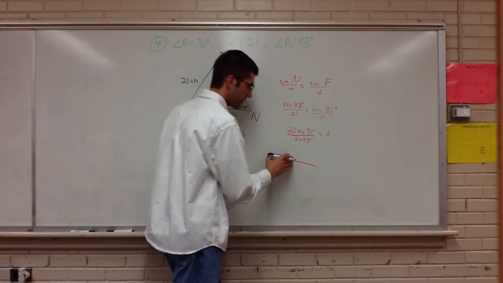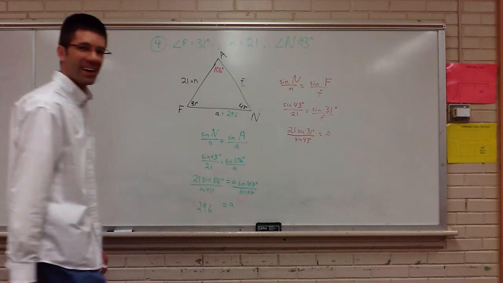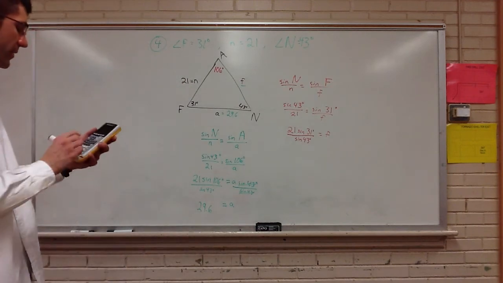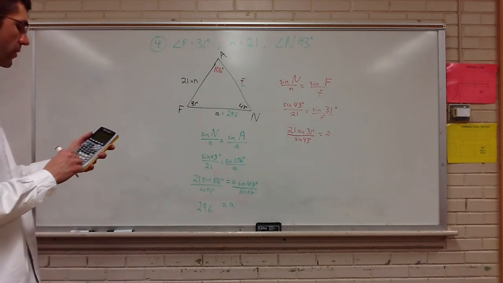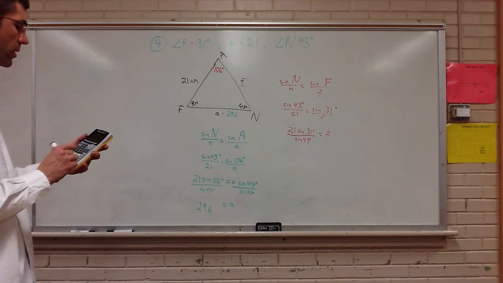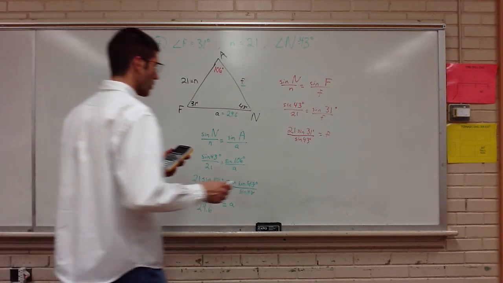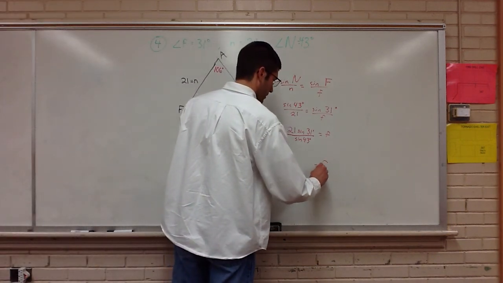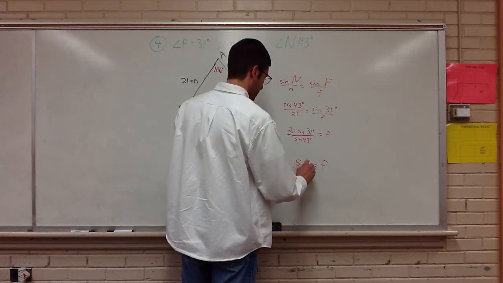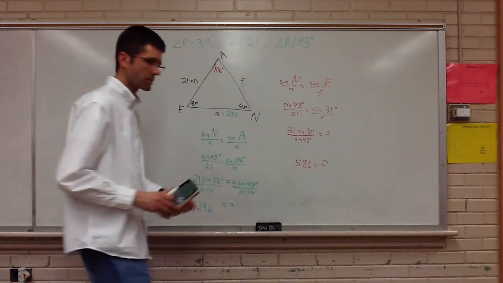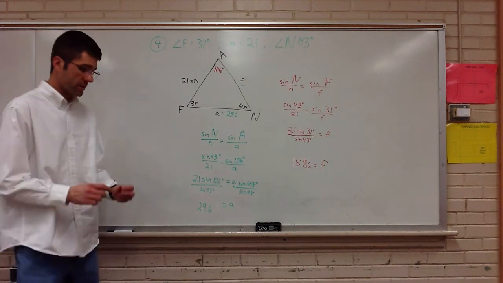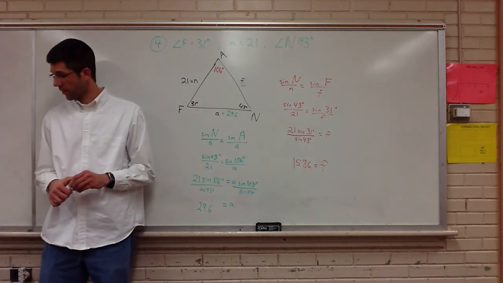Yeah, that was annoying. All right, let's figure that out in the calculator. 21 sine 31 divided by sine 43. There we go. Got it. Lowercase f is 15.86.